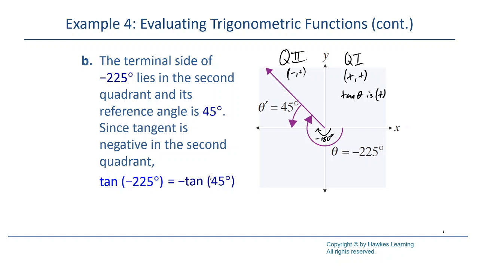But I know if I use 45 degrees, I'm over here, which means I'm not going to get a negative value. So to compensate for that, we're going to use just the negative out front, which gets you -1. And again, tangent of 45 degrees, you can get that from the unit circle because it becomes square root of 2 over 2 over square root of 2 over 2.